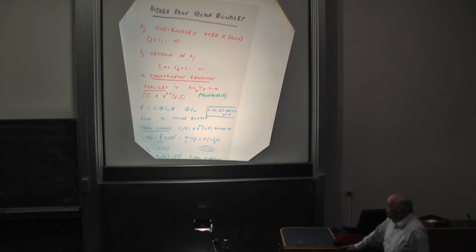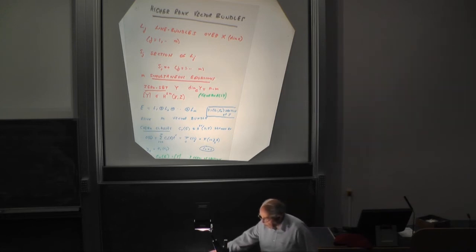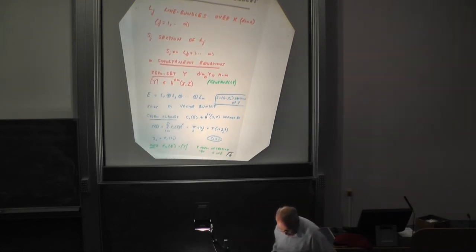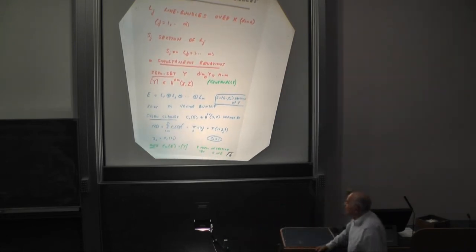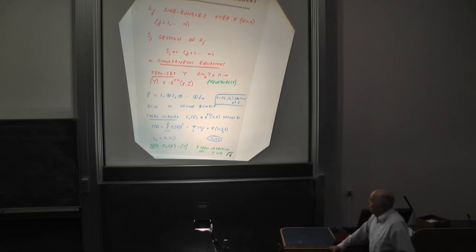Now, the Chern classes of a vector bundle, in the case when it comes from a sum of line bundles, is defined by the formula that I've written there. Let's say you put the Chern classes together into a formal polynomial. You write Cr t to the r, where t is an indeterminate. Call that the total Chern class. You don't need to bother with the indeterminate t if you remember that there are different degrees.